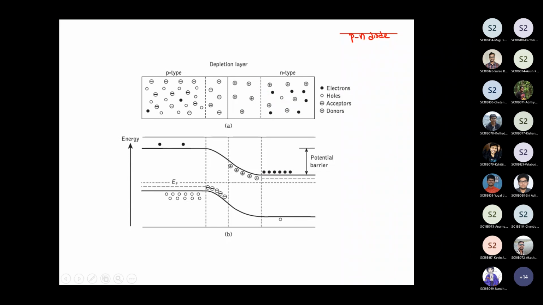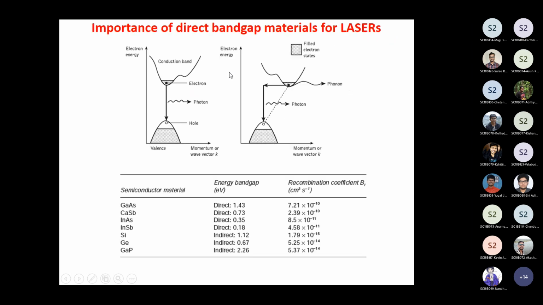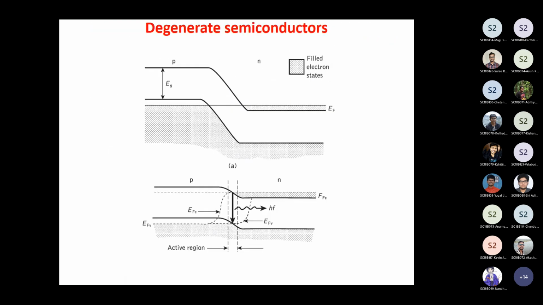Now, the difference between the construction of a normal PN diode and a semiconductor laser PN diode is the fact that semiconductor laser PN diodes are usually degeneratively doped. That means you are going to have heavy doping on both p and n sides. Because of which, the Fermi energy level is going to lie below the valence band or above the conduction band.